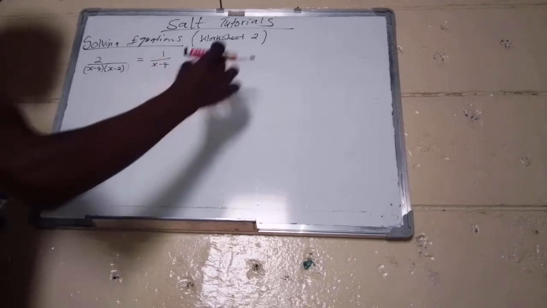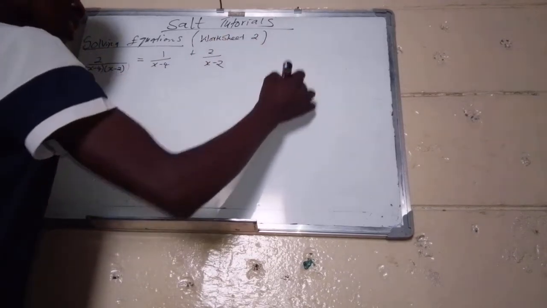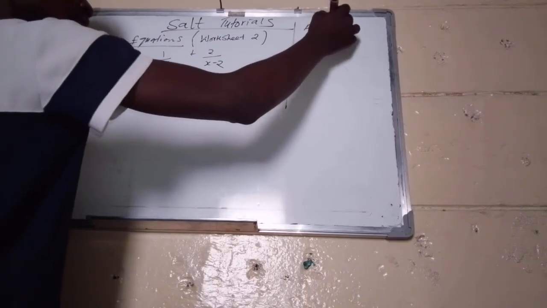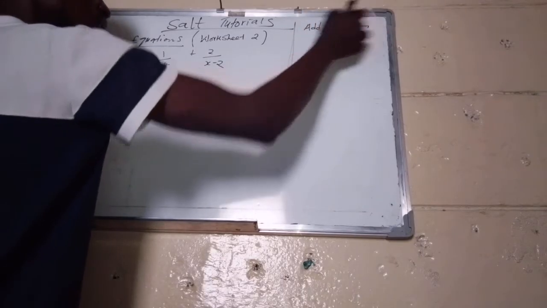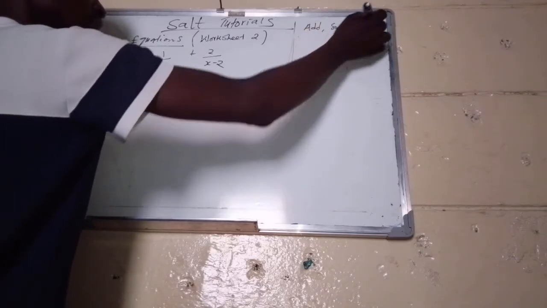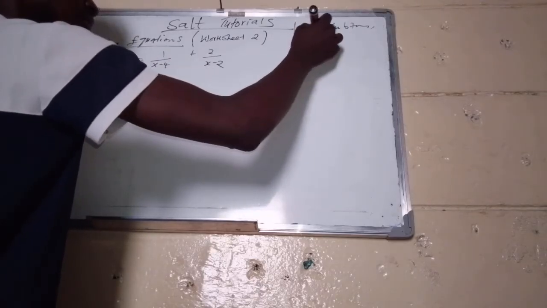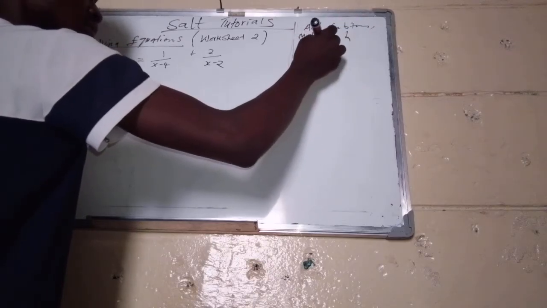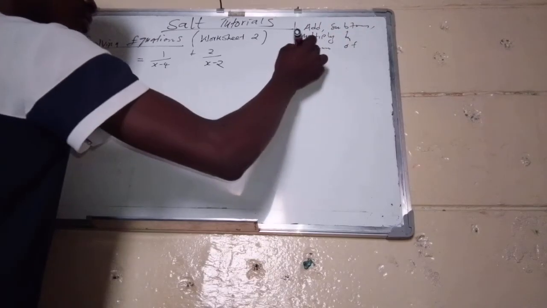Addition of fractions. Under rational equations, at least you have to know when to add, when to subtract, when to multiply, and division of fractions. You have to be able to do this.